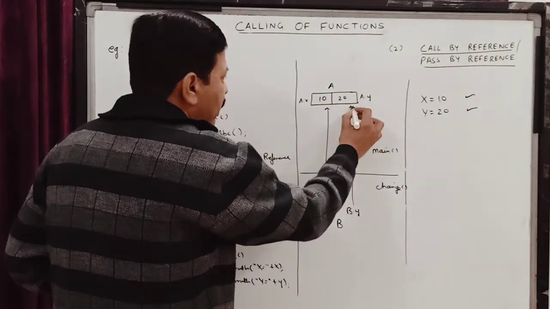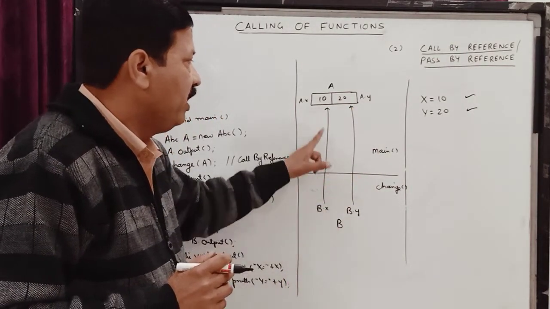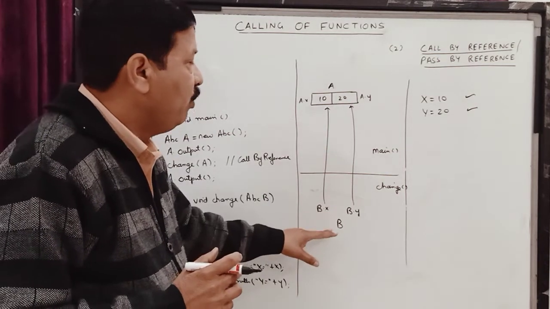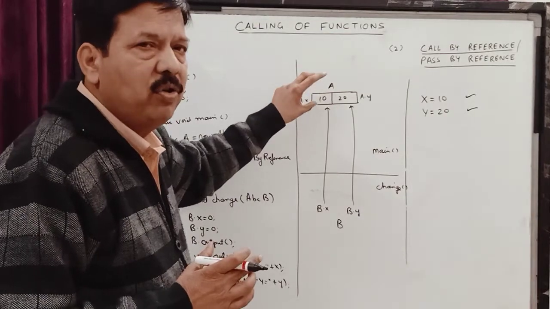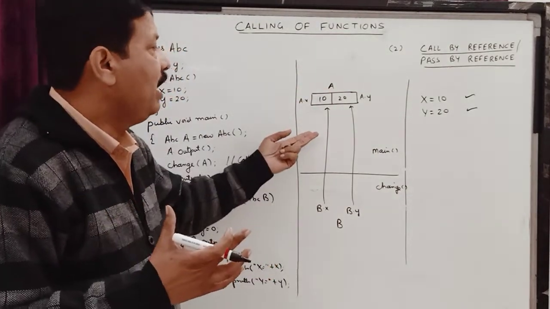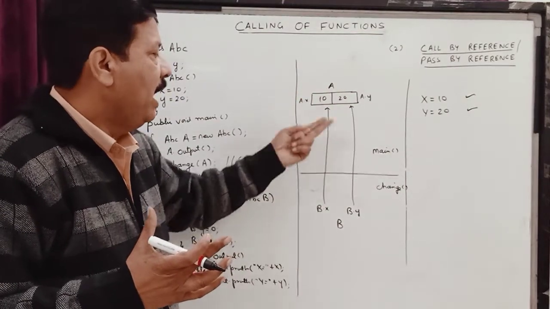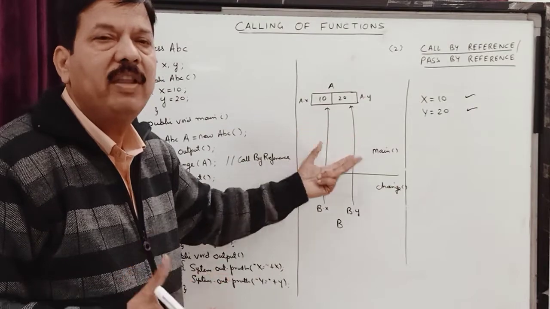Here this object B is the formal parameter, it is using the actual parameter, but with a different name. So you have the same area, the same object, but it is referred by two names. In the main method, it is referred by A, and the change function is referring to the same memory location with a different name.